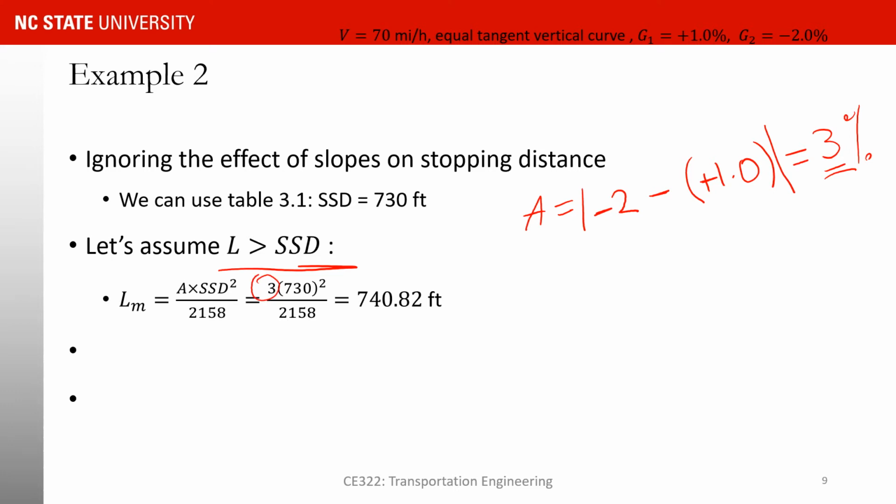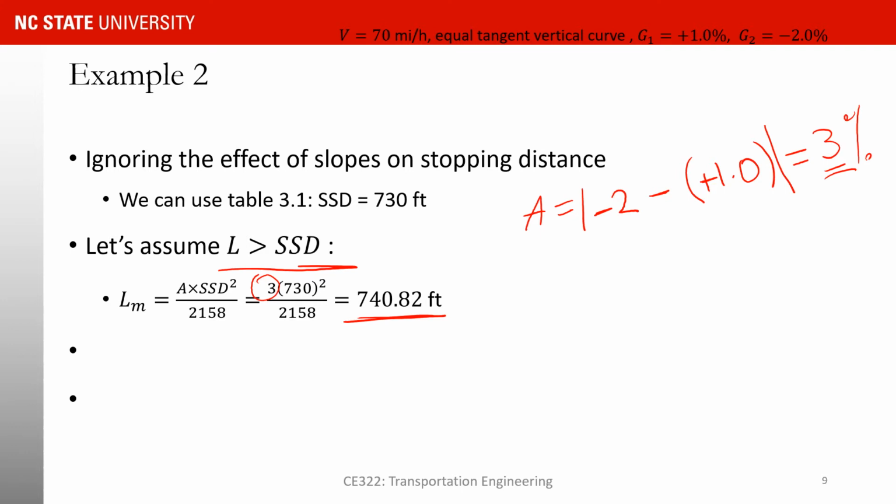We also found stopping sight distance to be equal to 730 from table 3.1. So you can see that I'm multiplying 3 by 730 squared and dividing by 2158. That gives me a value of 740.82 feet. So that's the minimum length that I need on that curve.